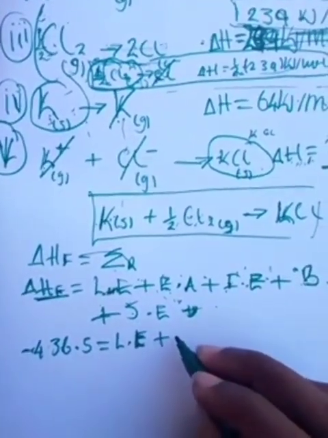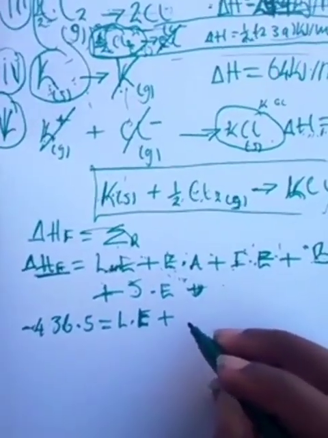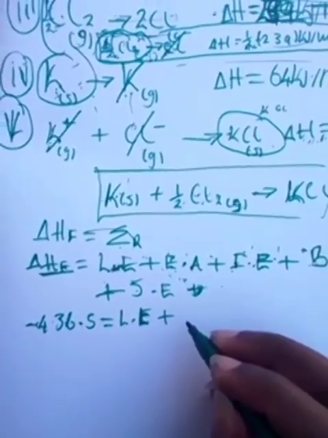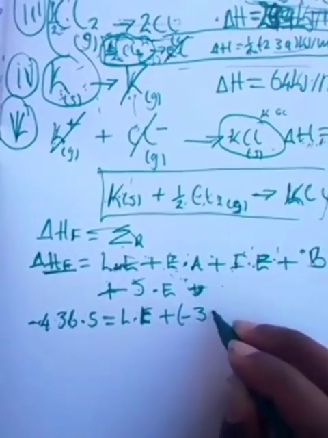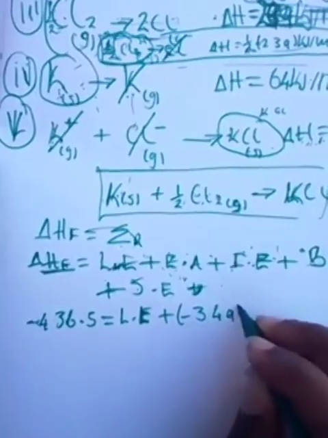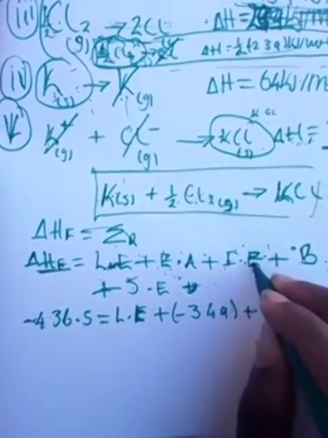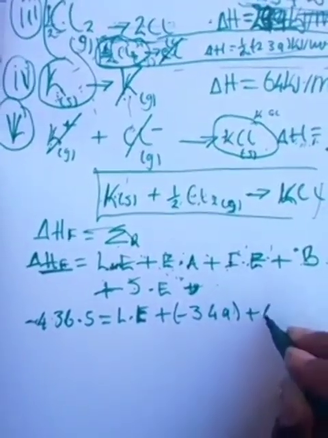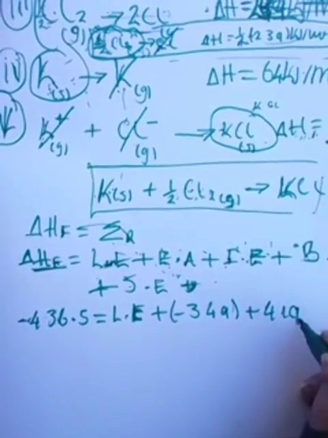Electron affinity has been given. It is negative 349, so I write negative 349 for electron affinity, then plus ionization energy. The ionization energy given is 419.